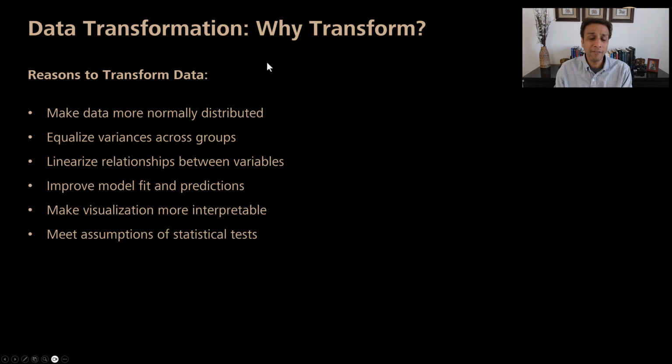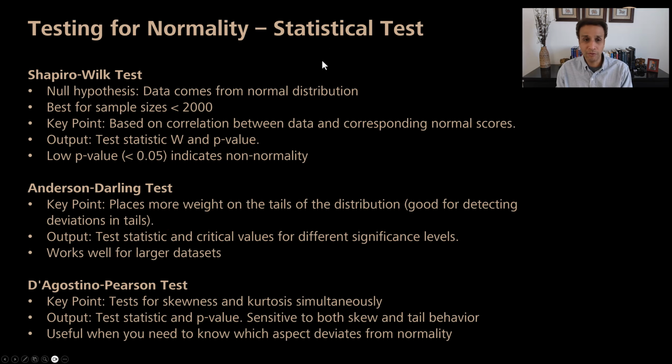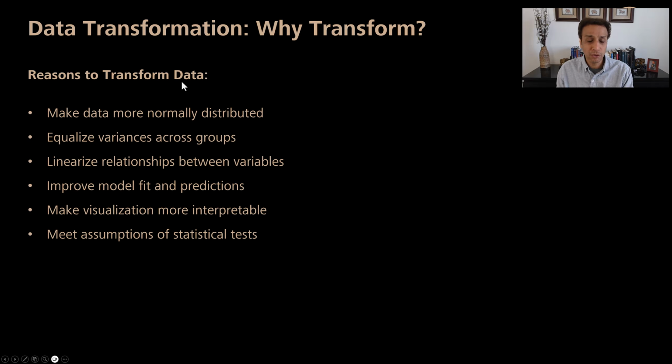And if the data is not normally distributed, for example, you perform the Shapiro-Wilk test and you say, hey, the data is not normal, then what do you do? Well, you can transform your data to make it more normal. It may actually work, right? Making data more normally distributed is one of the primary reasons why you would want to transform the data.